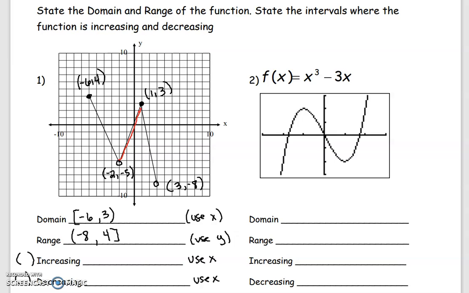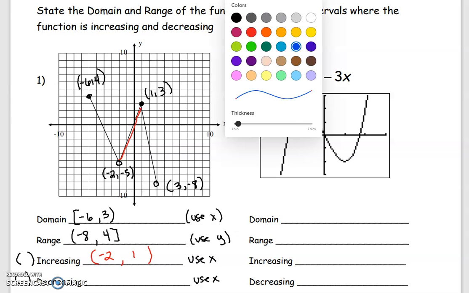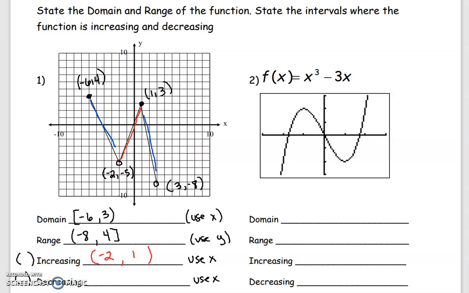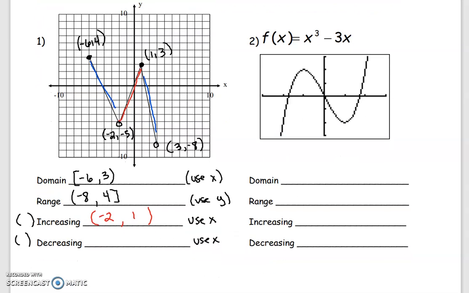I'm going to use my x, use parentheses, x value -2, x value 1. Now I'm going to look for my decreasing. I have 2 of them. Parentheses, use the x's. -6 to -2. And then one other one, 1 to 3.